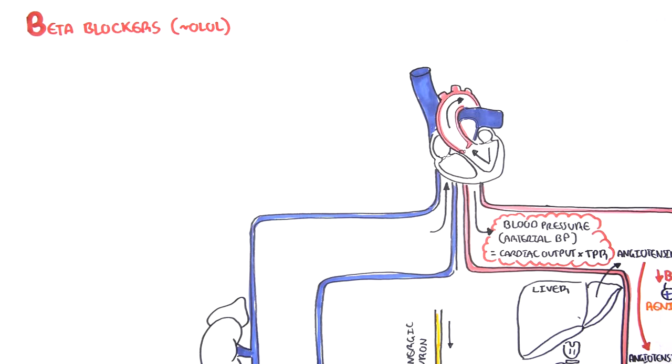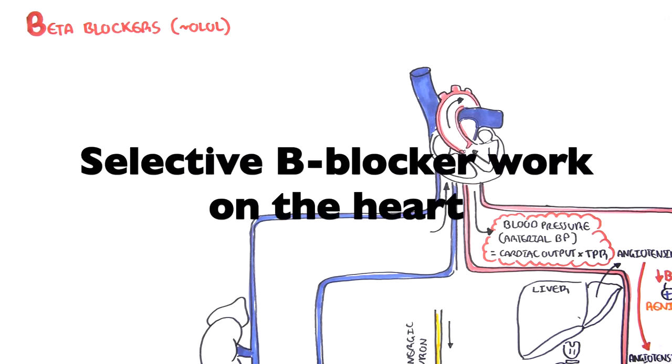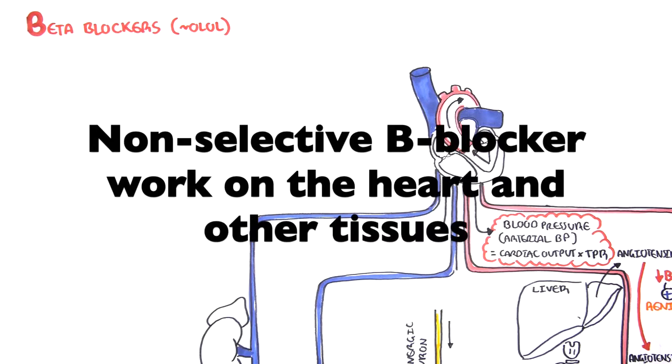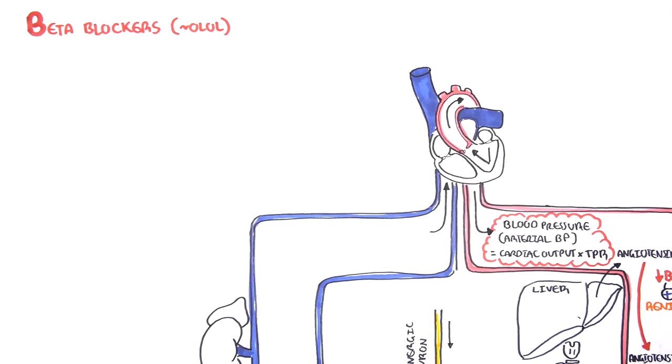So there are beta receptors everywhere in the body. We will mainly concentrate on the heart here. So beta blockers can be selective and work specifically on the heart, or beta blockers can be non-selective and work on the periphery too, such as the blood vessels.